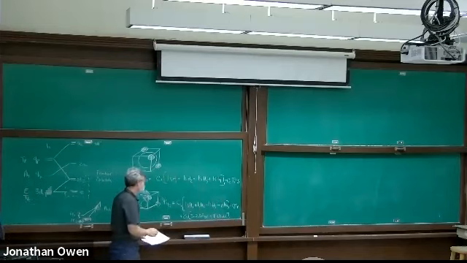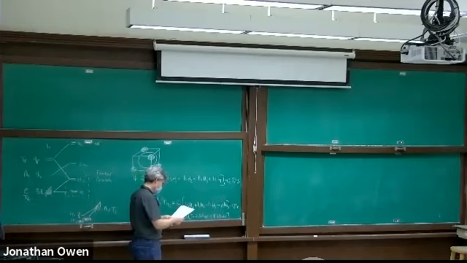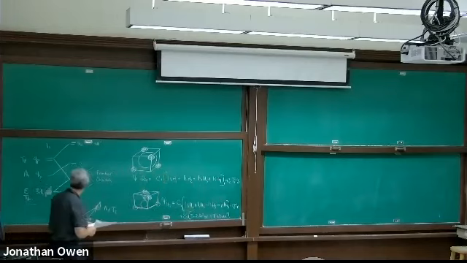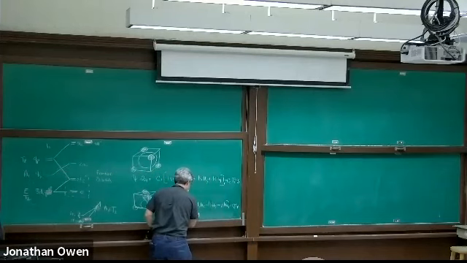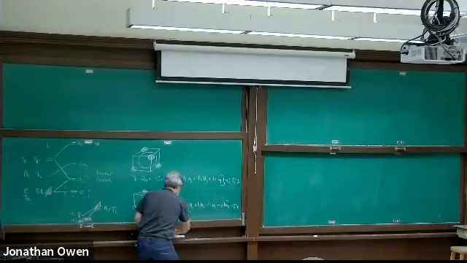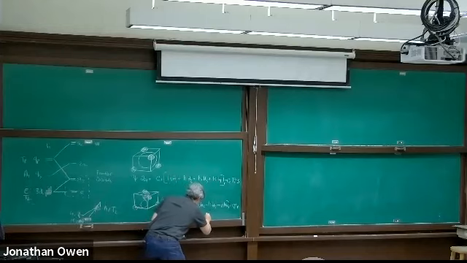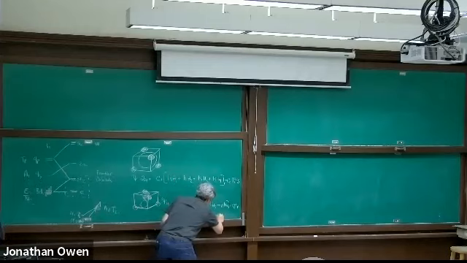Did I get that right, or is it not x squared minus y squared and dz squared? No, this is correct, isn't it? T1u. This is not right. Sorry, those are the d orbitals. So out of practice. 3dxy plus 3dxz.